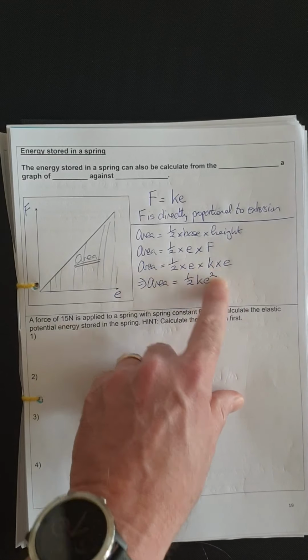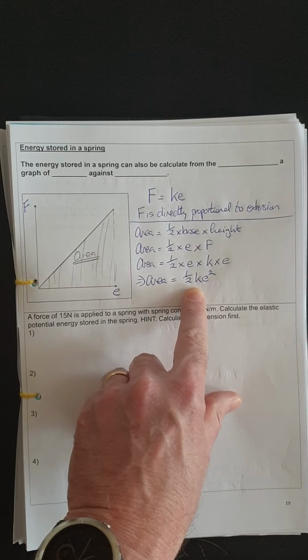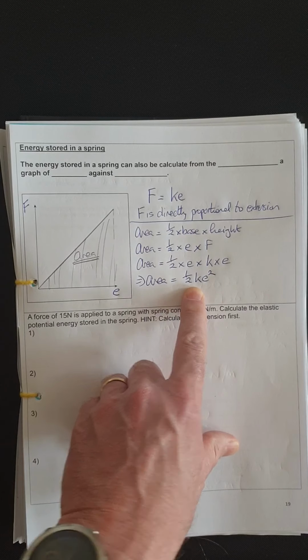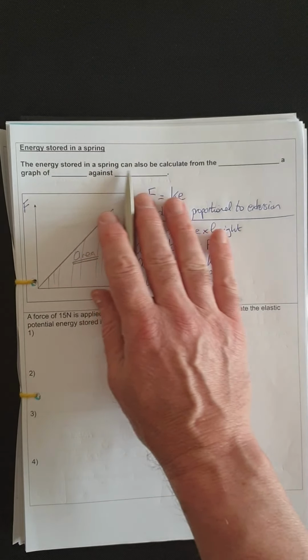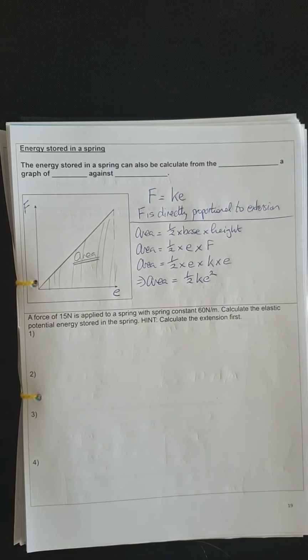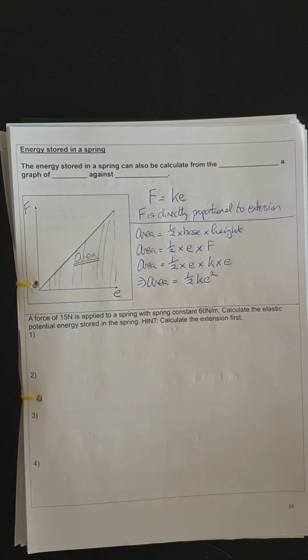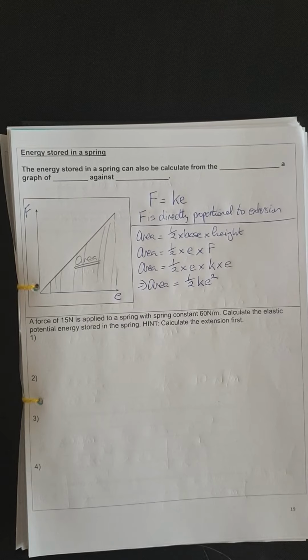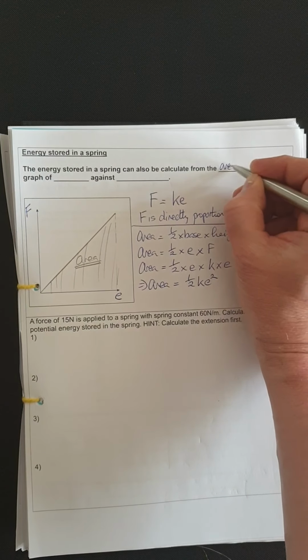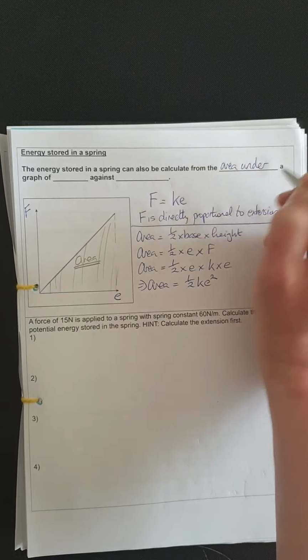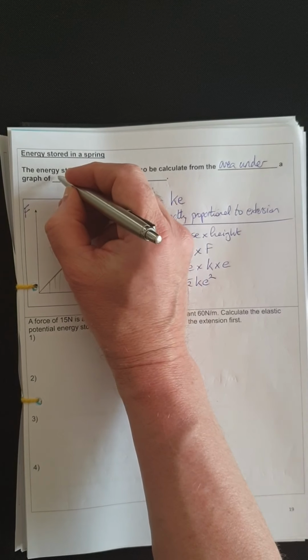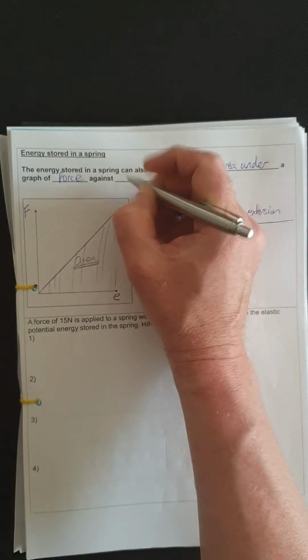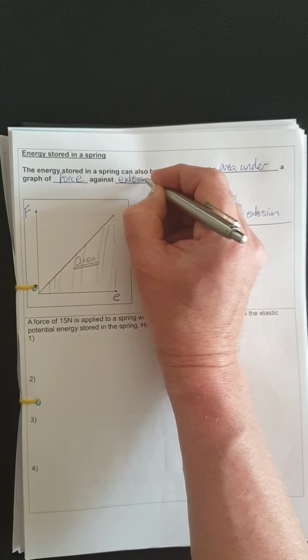We've already seen this. This is what we defined as elastic potential energy. So the energy stored in a spring can also be calculated from the area under a graph of force against extension.